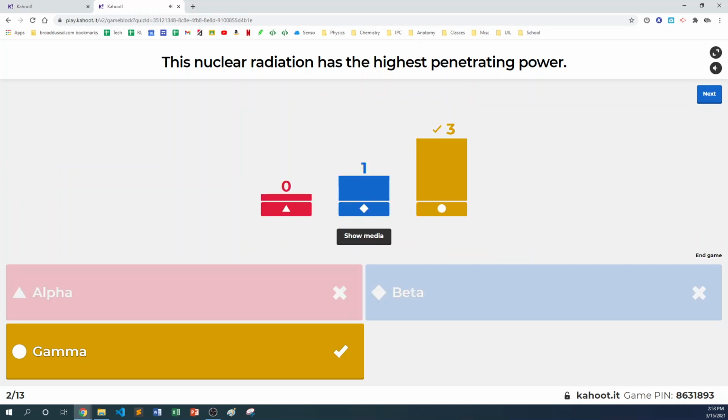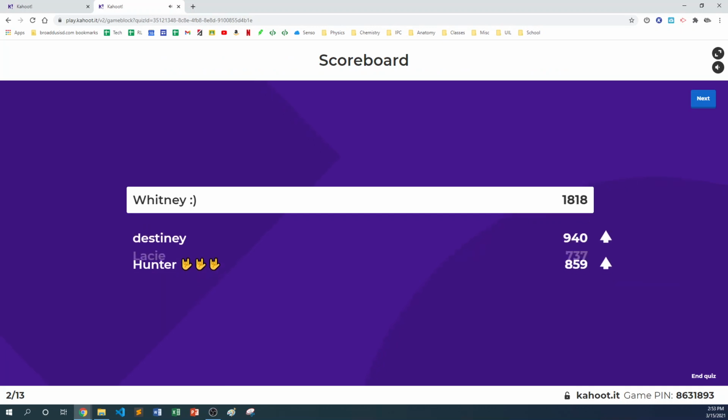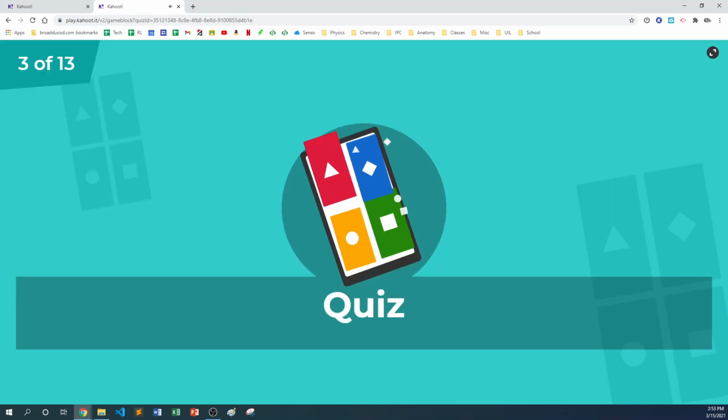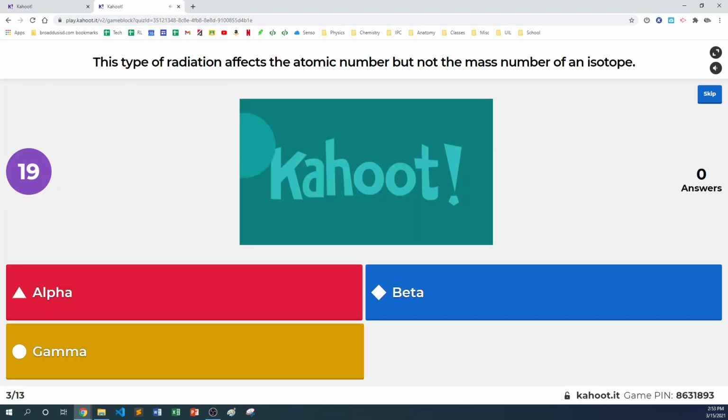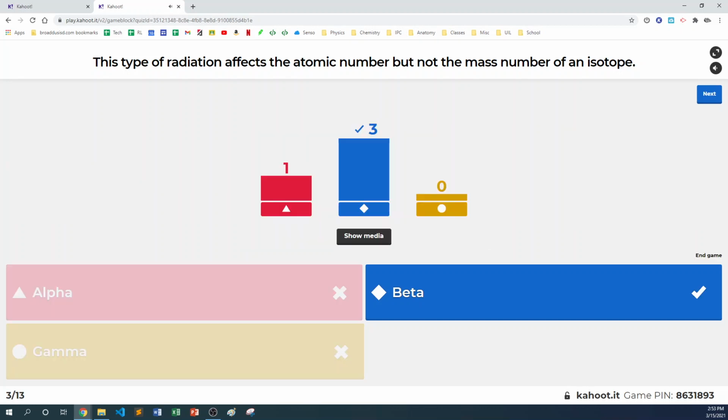That's gamma radiation. These things are going fast. This type of radiation affects the atomic number but not the mass number of an isotope. So the top number is 0, and the atomic number is the bottom one. No one said it was easy. So it's beta.